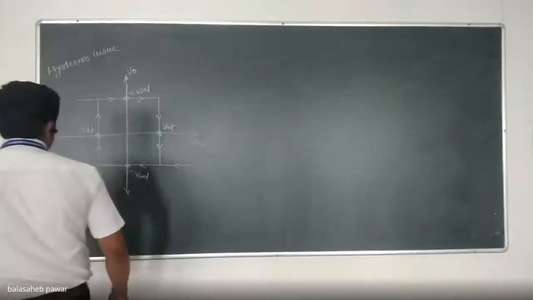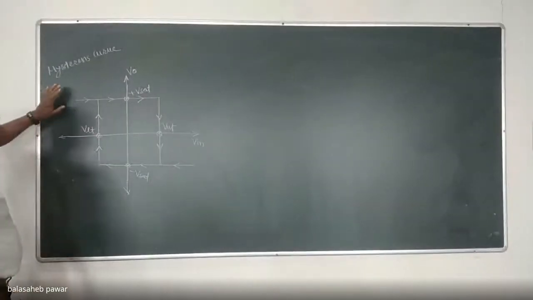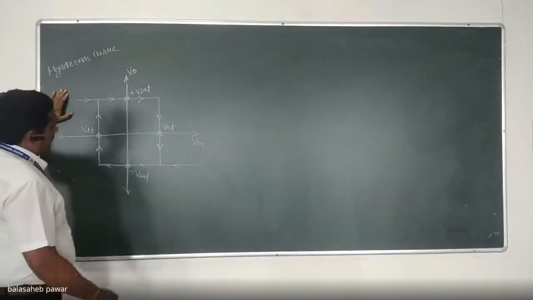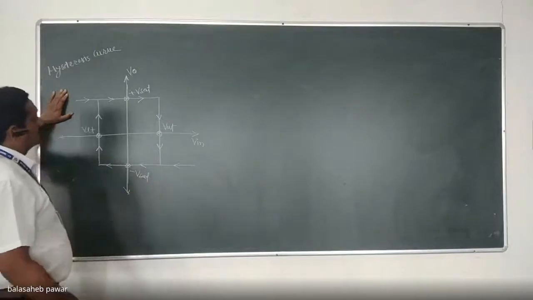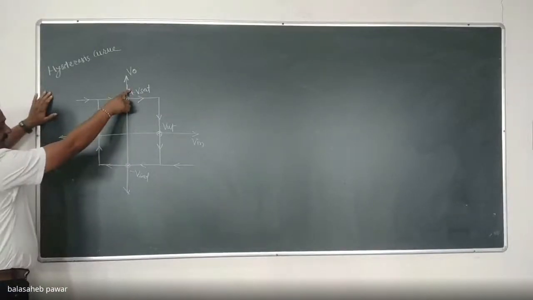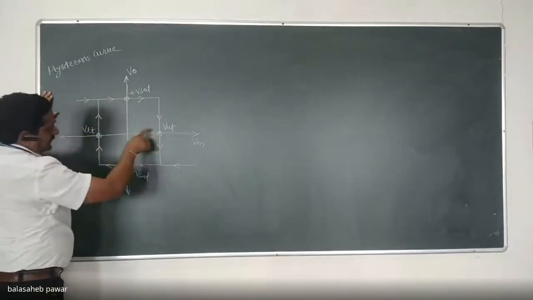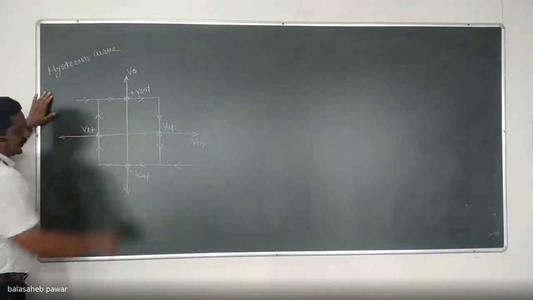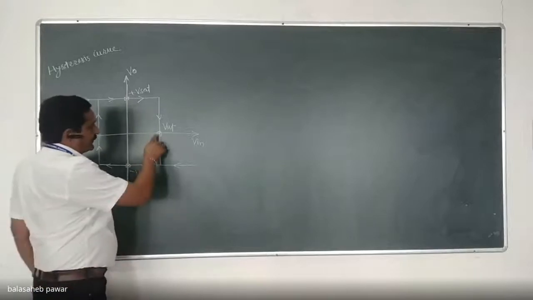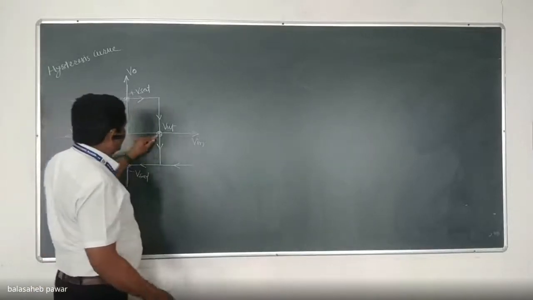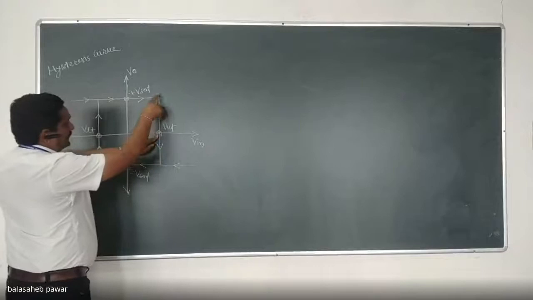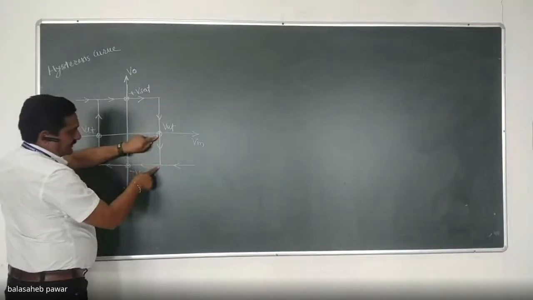Suppose the output is plus VSAT, then how does the transition occur? Whenever the input voltage reaches the upper threshold voltage, VUT, the transition from plus VSAT to minus VSAT occurs, right?